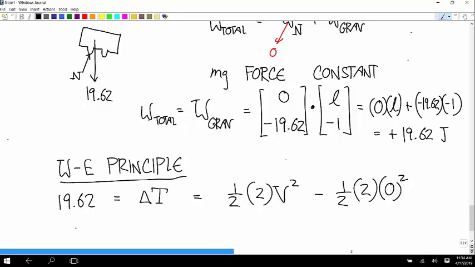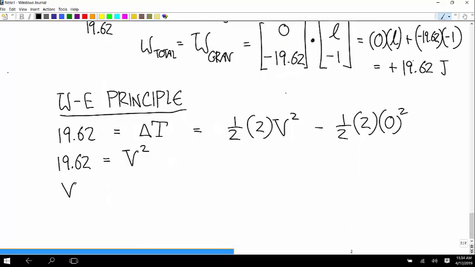And so this says that 19.62 is equal to v squared, and so the speed at the bottom is plus or minus, I think that's 4.45. It's a speed, so it has to be positive.